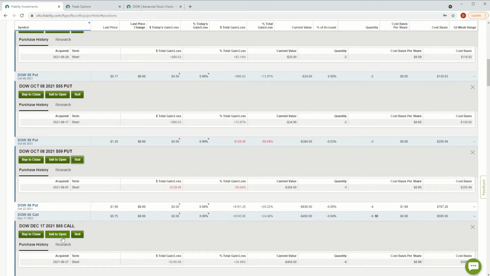So right now I'm just letting time decay work in my favor, theta decay. And we'll talk more about option Greeks, but as time ticks away, I get to collect that premium, and I'm happy in this position, even though the stock right now is at $58.58, and this is all the way up at $65. For me, that works out well because the Dow pays a nice meaty dividend, and that dividend is going to become qualified.